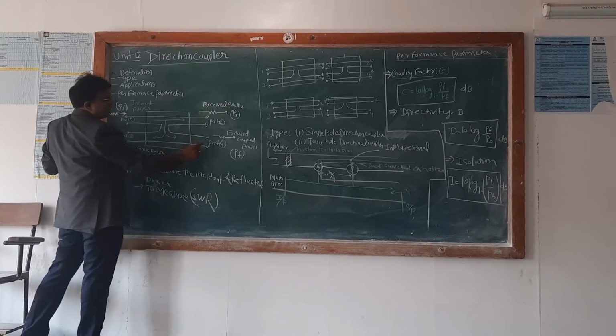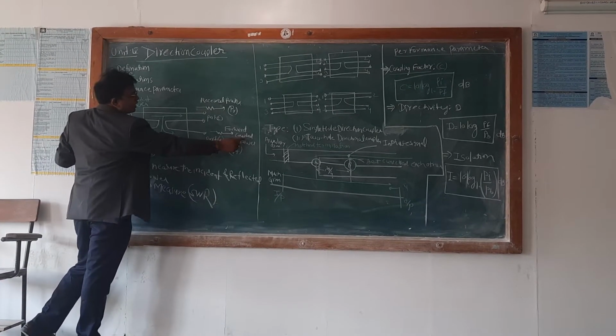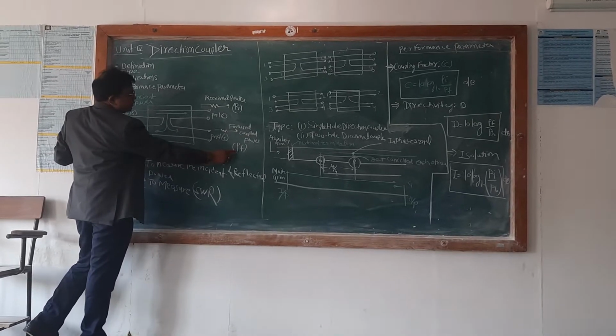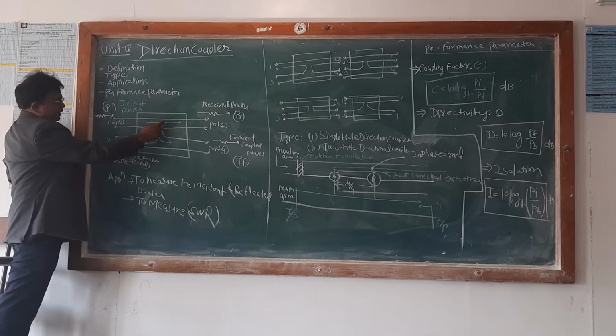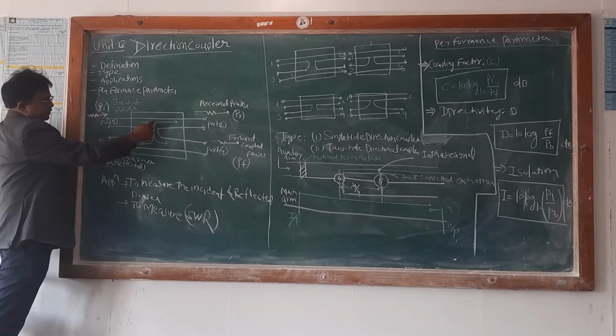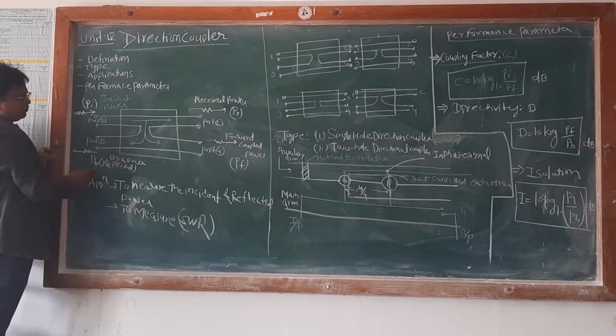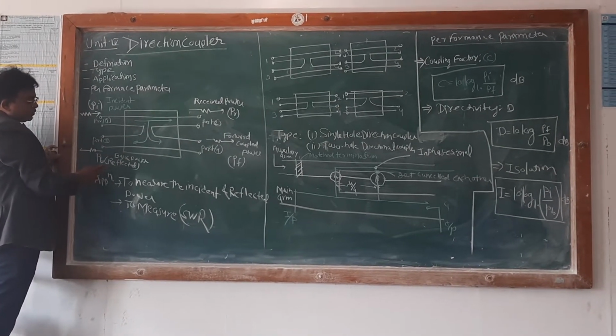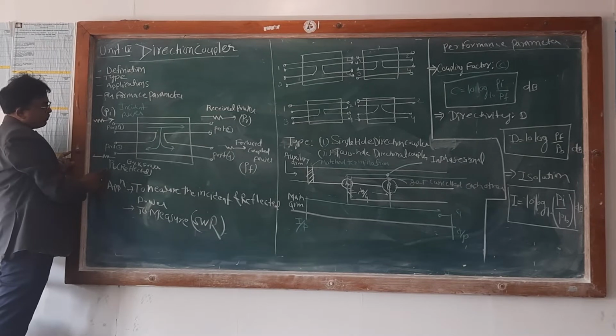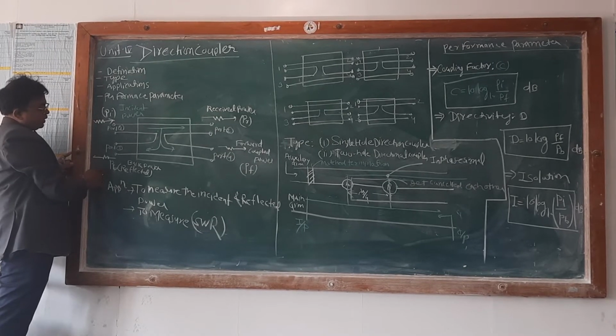That is called the forward coupled power, represented by PF. Ideally there is no back power, but practically some small amount of back power is there, represented by PB.